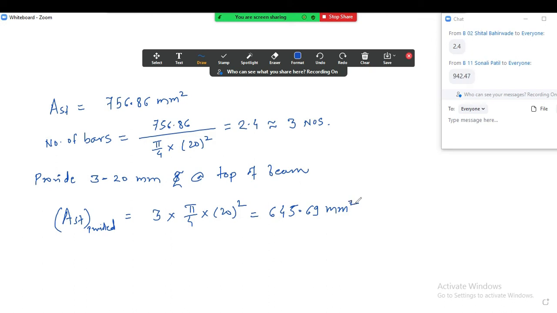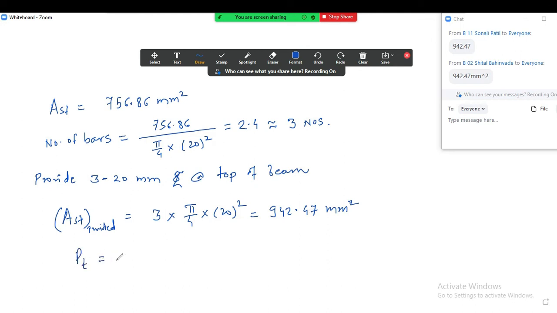Okay, please check the values. 942.47. Now again calculate the percentage of steel, pt.